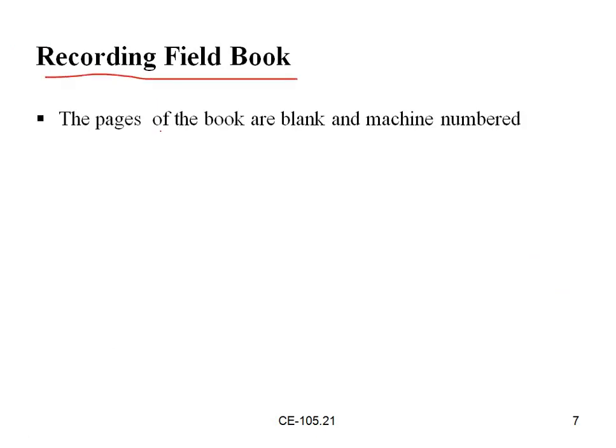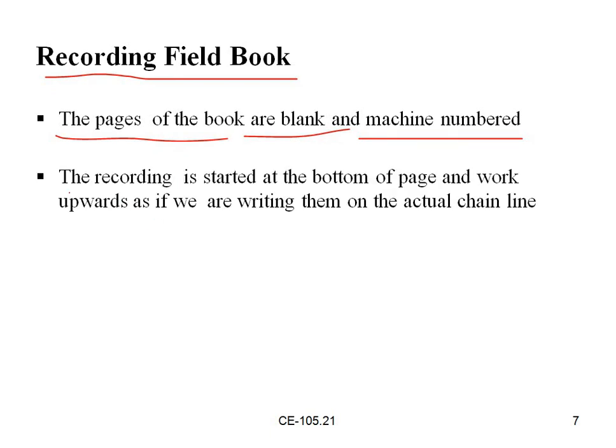Next is recording in the field book. How to record in the field book: the pages of the book are blank and machine numbered, already printed with numbers. The recording is started at the bottom of the page and works upwards, as if we are writing them on the actual chain line.